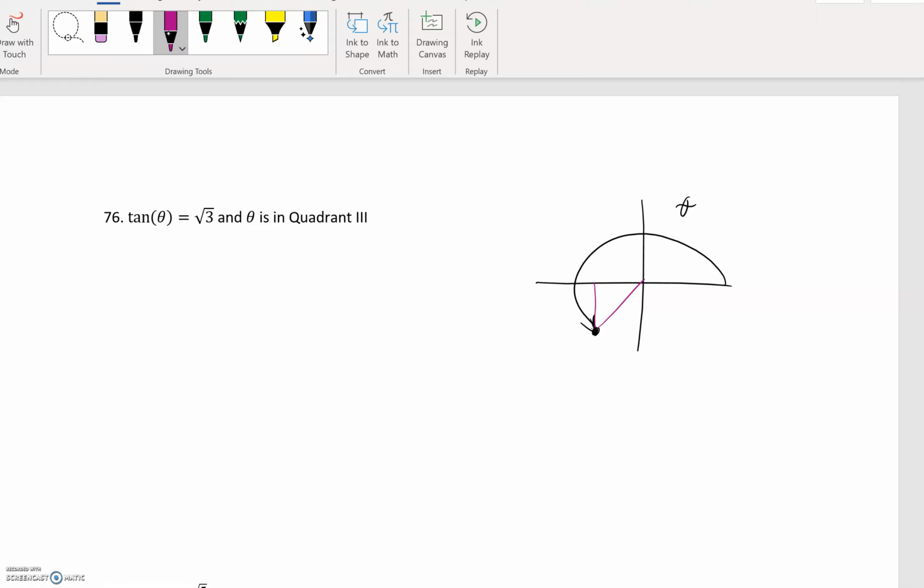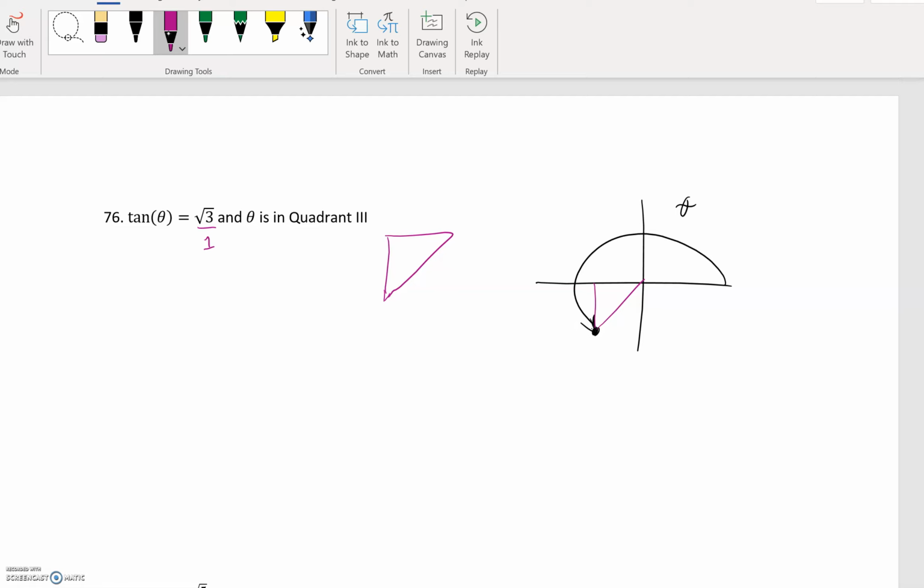So for the triangle that's drawn there, let me draw it again in purple. Now, which two sides of this triangle do I know? Well, I know that tangent is y over x. But you'll notice here that you're just told that tangent of theta equals the square root of 3. I'm going to do something very sneaky. I'm going to write this over 1.